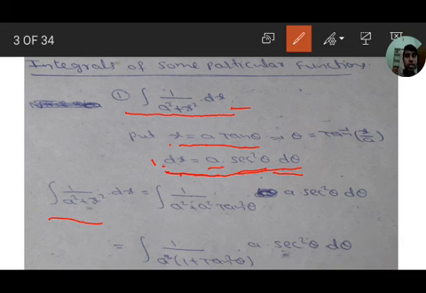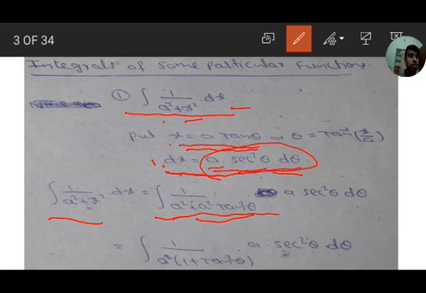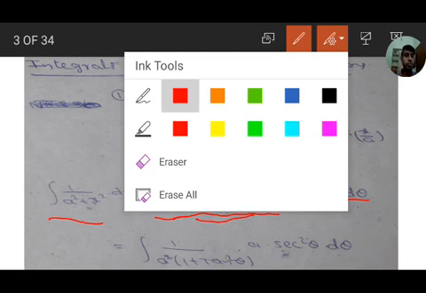So integration 1 by a square plus x square dx equals integration 1 by a square as it is, and x square means a tan theta whole square, that is a square into tan square theta, and dx equals a into sec square theta d theta. Integration 1 by a square plus a square tan square theta, into a into sec square theta d theta.